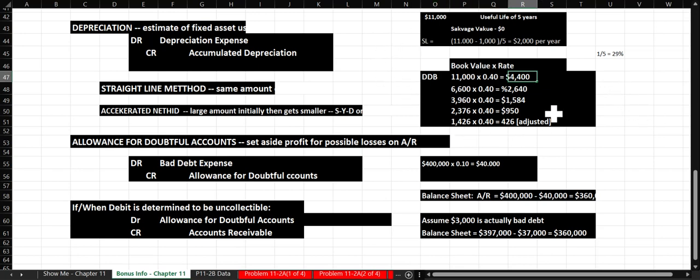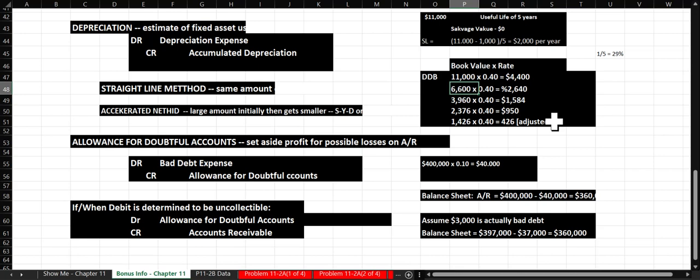For the second year, I'm going to use the book value. So how did I get 6,600? I took the 11,000, subtracted the 4,400, and I get 6,600. Double check my math. 6,600 times 0.40 gives me, oops, typo here, $2,640. And so we would do the same thing for the third year.